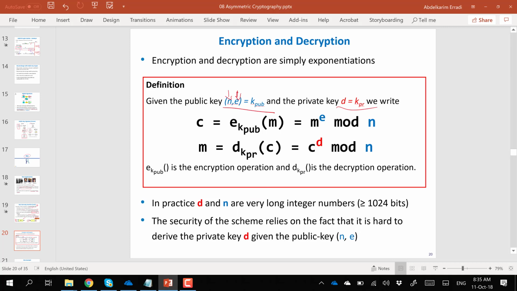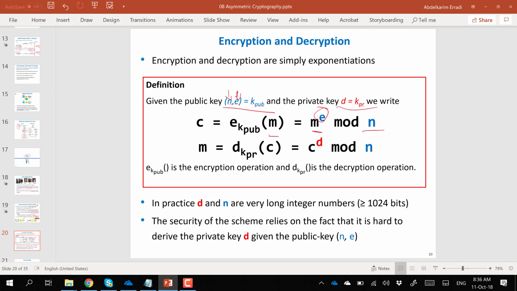So the public key will basically have two numbers, E and N. Let's say I have a message that I want to encrypt using the public key. How do I encrypt a message? I'll take that number, raise it to the power of E, and do modulus N. The result is your ciphertext.